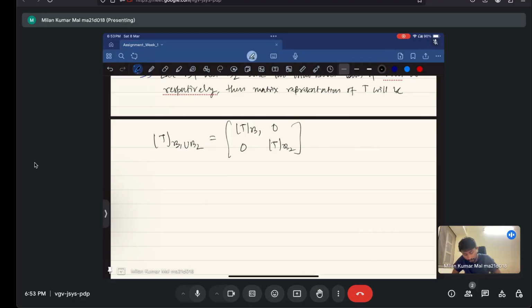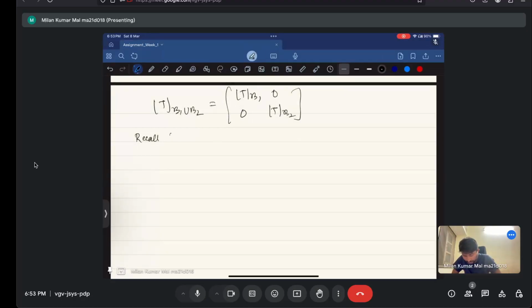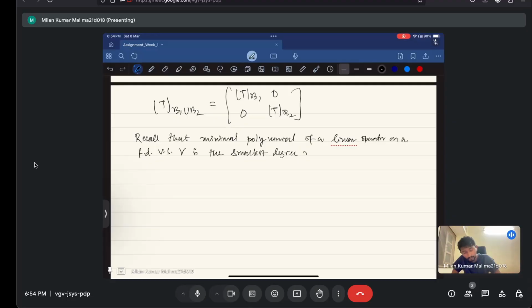And recall that the minimal polynomial of a linear operator on a finite dimensional vector space V is the smallest degree monic polynomial.